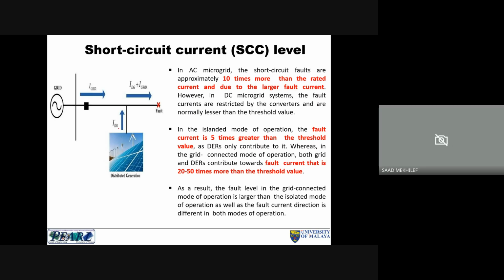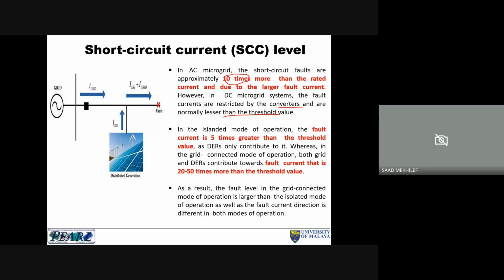The short circuit faults are approximately 10 times or more than the rated current due to the large fault current. However, in DC microgrid systems, the fault current is restricted by the converter because it's DC, so it is normally less than the threshold values.